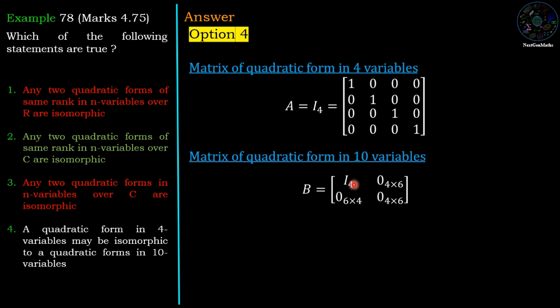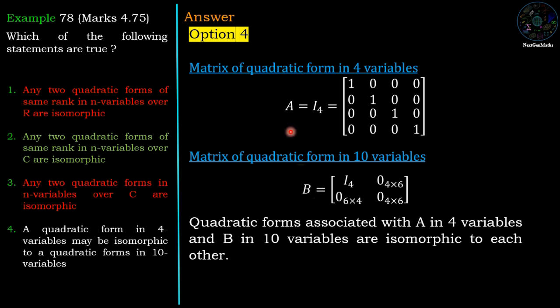That means the first 4 cross 4 entries are identity and the remaining entries are 0. So it is the matrix associated with the quadratic form in 10 variables. If we compare, then one can easily develop an isomorphism between A and B. Therefore, the fourth statement, which is about the isomorphism between a quadratic form in 4 variables and a quadratic form in 10 variables, is correct.